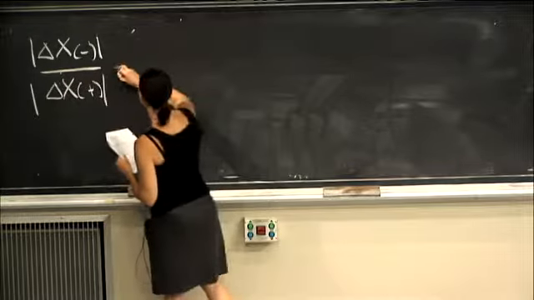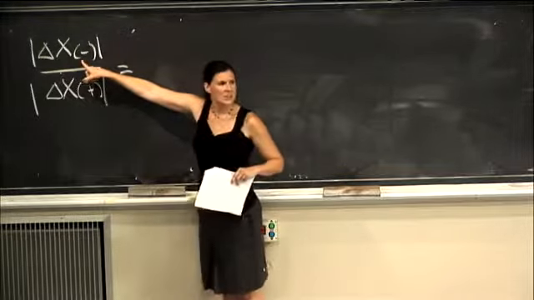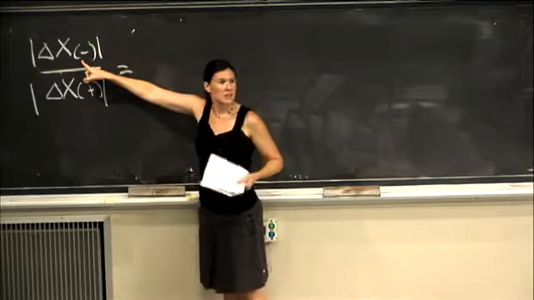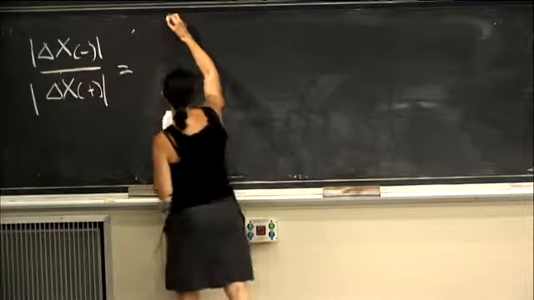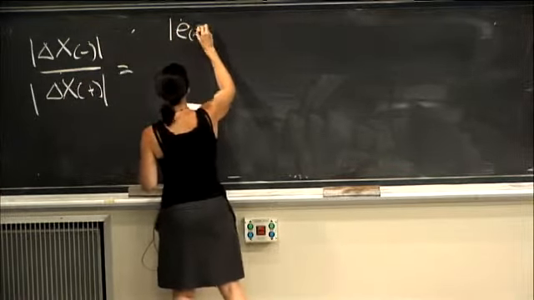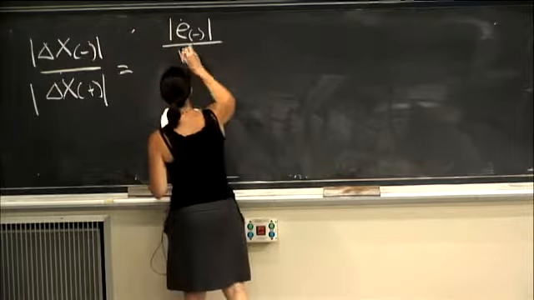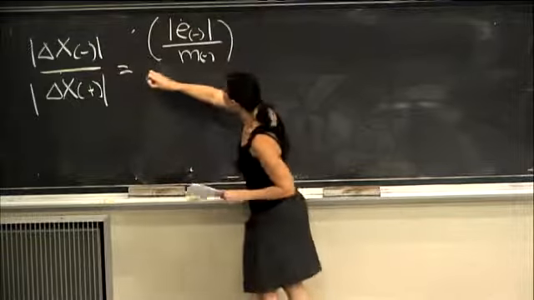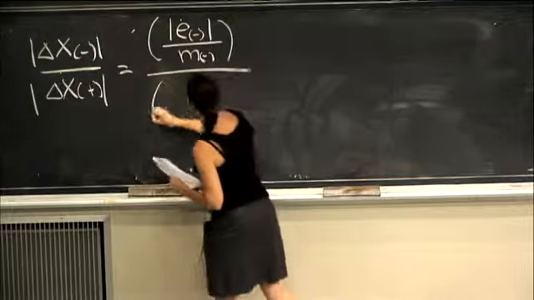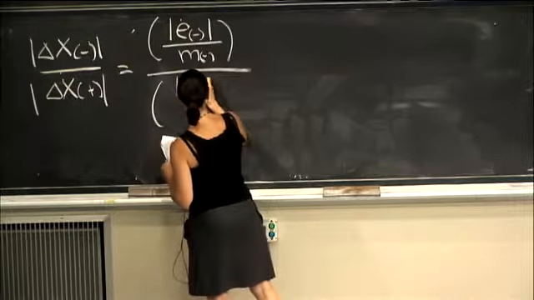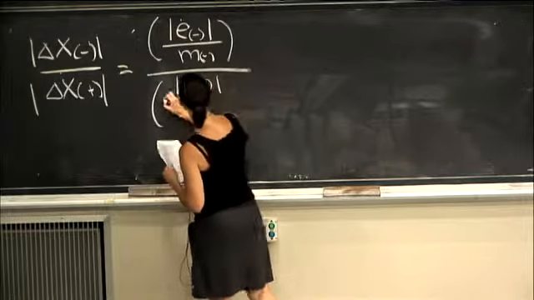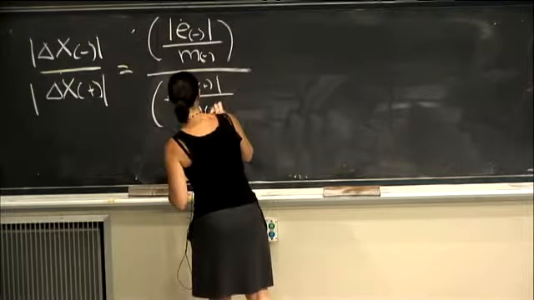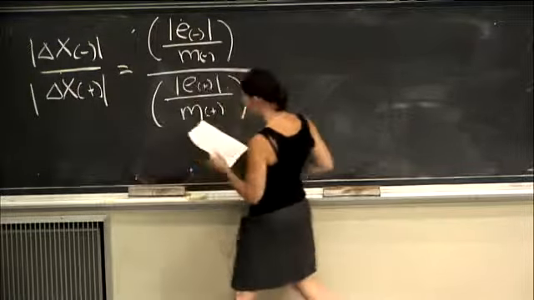So what he could set that equal to is he knows what x is proportional to in terms of the negative particle. So that's just the absolute value of the charge over the mass of the negative particle. He could divide all of that by the absolute value of the charge of the positive particle all over the mass of the positive particle.